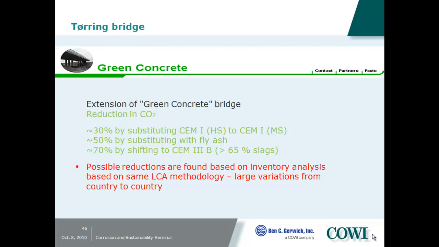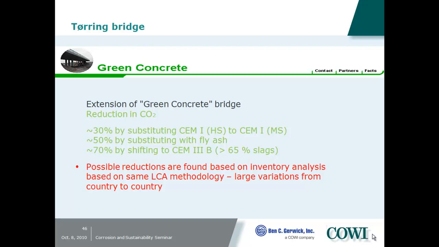All the possible reductions are found based on inventory analysis, based on the same LCA methodology. That's important. You can look at databases, and there are databases in the US, databases in Europe, where you have input parameters on these things. But they're average values. You have to address local values.